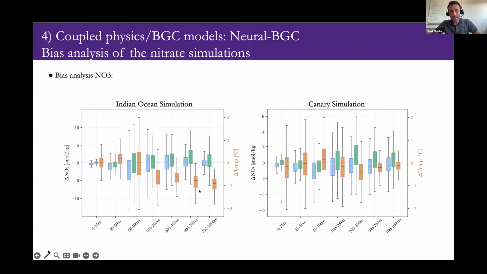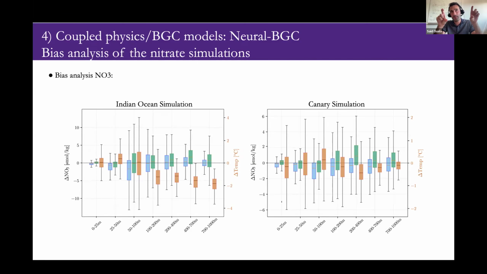Now, one last note on biases is that all this bias analysis was correct for dissolved oxygen, but it was not correct for nutrients, because for nutrients, even though we have a bias in the driving physics, we don't get that big a bias in the simulated nutrients. Some tests suggest that this is due to the cascaded architecture we discussed in the beginning.